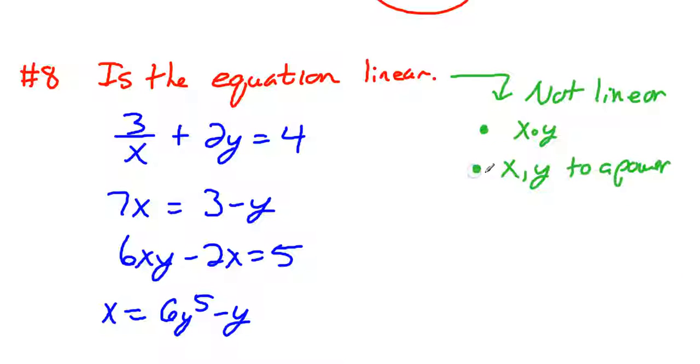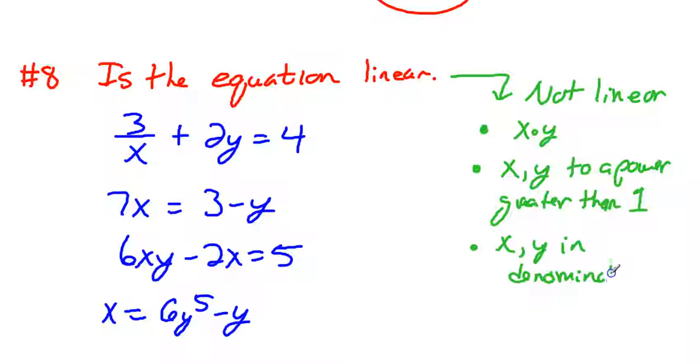And there were really 3 things we're looking at. If you have x times y, that makes it not linear. If you have x or y to a power that is greater than 1, and then you cannot have x or y in the denominator. So if you get any one of those 3 things in the equation that you're looking at, then that's going to make it not be linear. Anything other than that, we're okay.